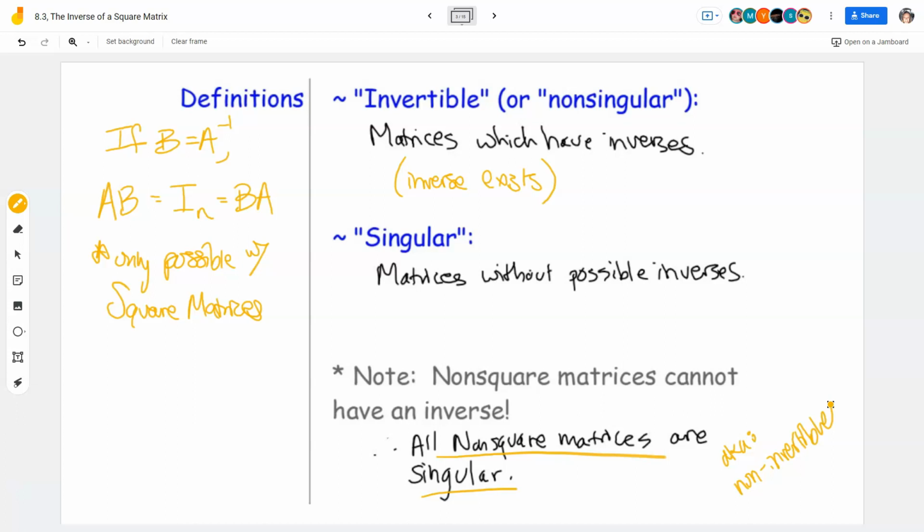Non-square matrices cannot have an inverse, aka cannot be undone. Which is interesting, having to do with a couple applications that are coming. Singular, single, don't have an inverse, can't be undone. That's maybe a kind of cool, powerful thing, but also a tricky thing. Because in math, we like to be able to do and undo.